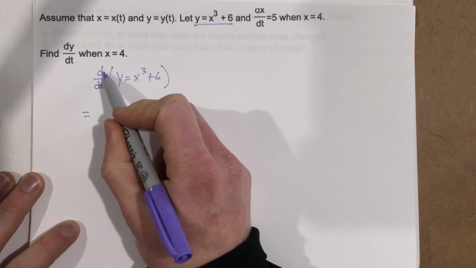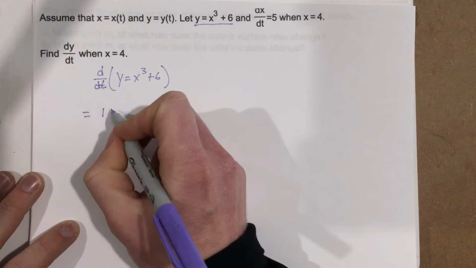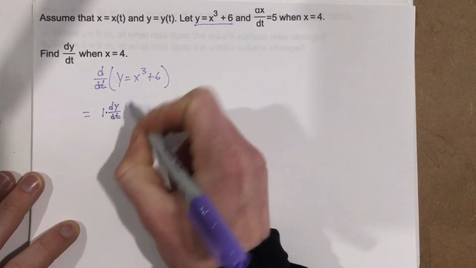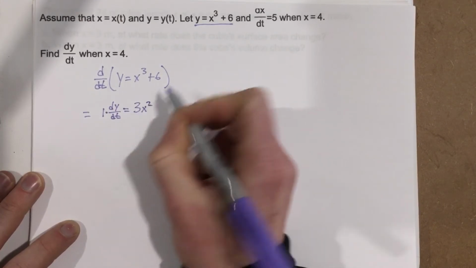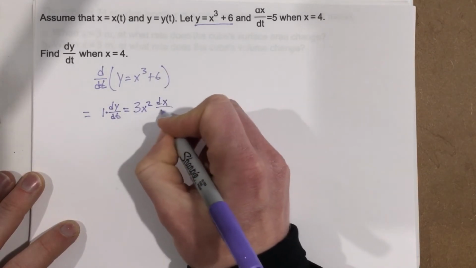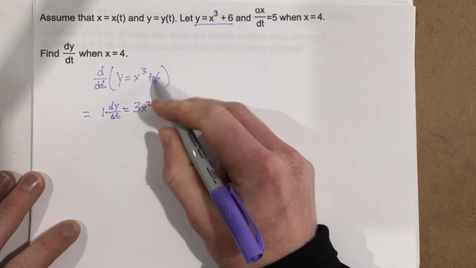So derivative with respect to t of y is going to be 1, and then I have to write dy over dt. So 1 times dy over dt equals 3x squared. And because we're doing implicit, this is going to be dx over dt, the derivative of x with respect to time. And then the derivative of 6 is just 0.